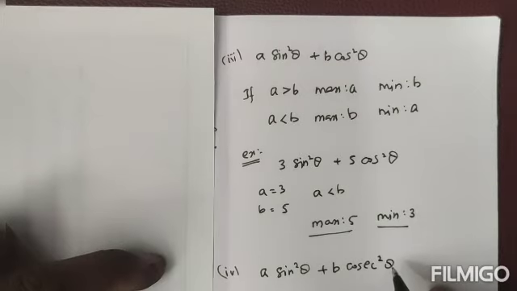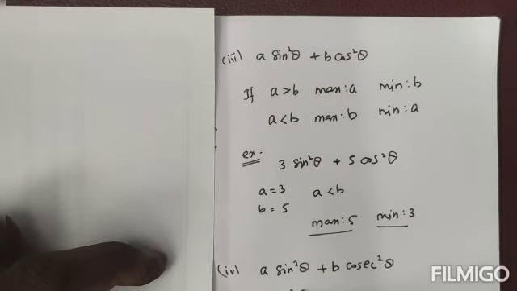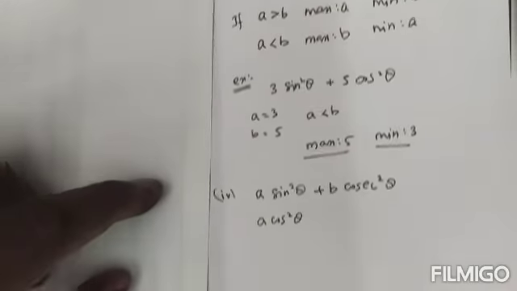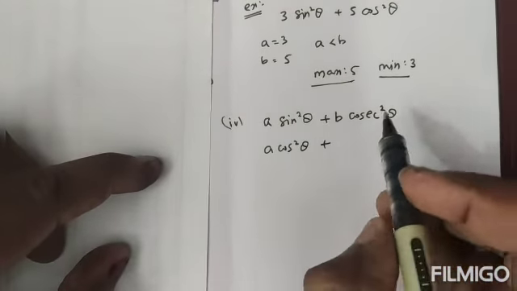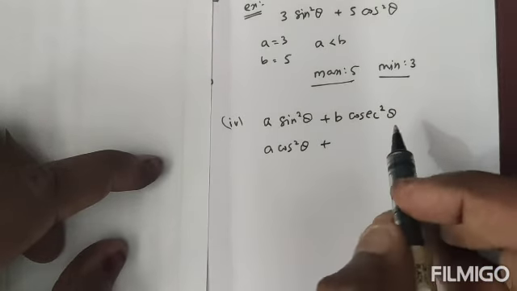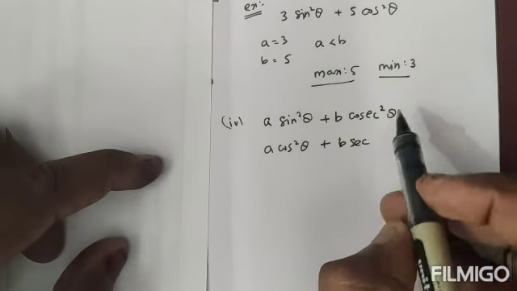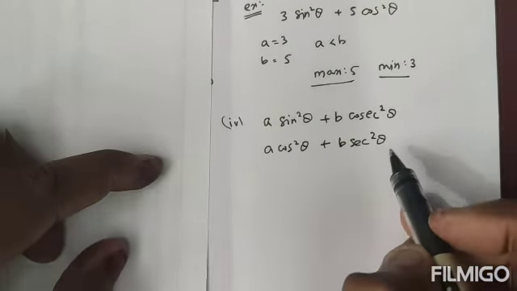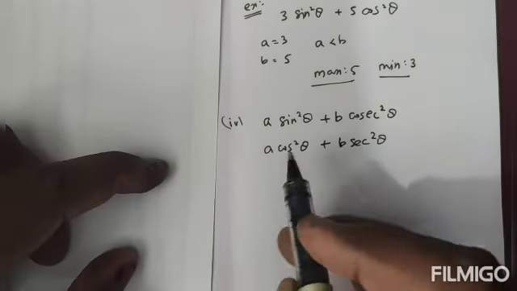Actually sin theta equal to 1 by cosecant, so like that relation. So sin along with the cosecant, like that a cos square theta plus b secant square theta, cos with its reciprocal, secant. Okay, so sin, cosecant, cos and secant.